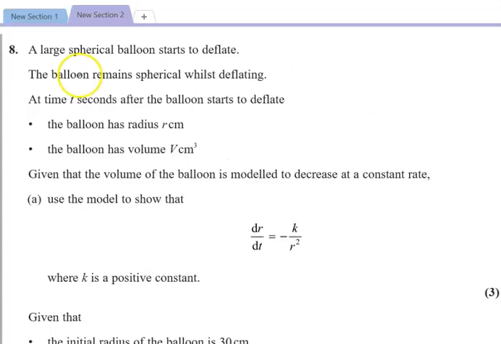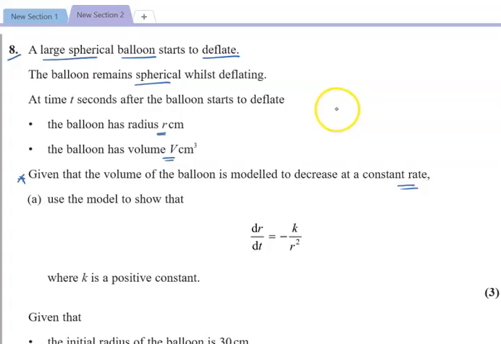All right, let's see question 8. Question 8 says that we have a large spherical balloon that is deflating, and the balloon remains spherical as it is deflated. That means a sphere. The radius of the balloon is r, and the volume is V. Now, this is the most important statement: the volume of the balloon is modeled to decrease at a constant rate.